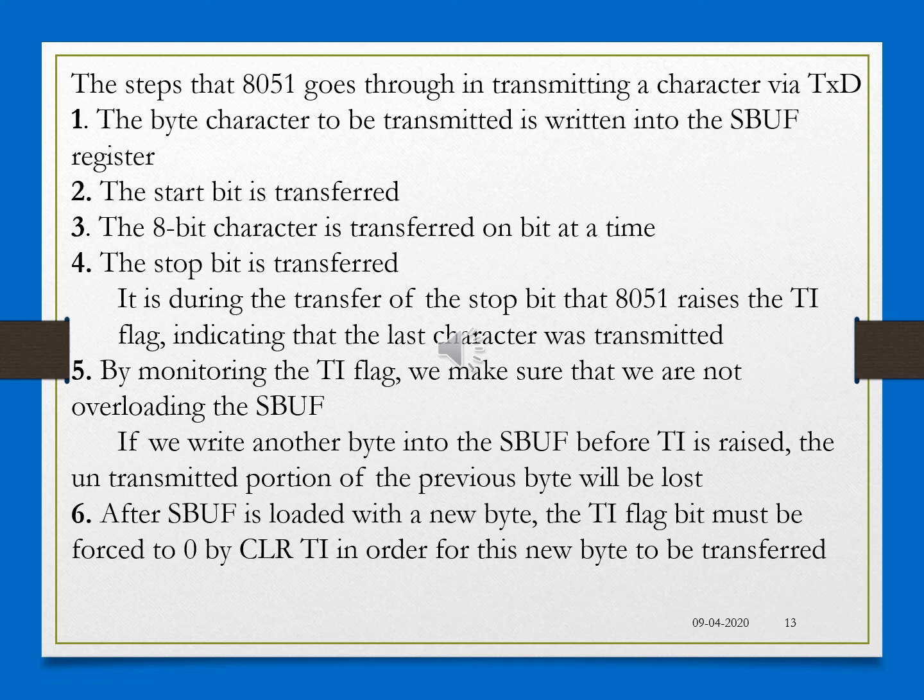Halfway through the stop bit, the TI flag is made high, indicating that the last character was transmitted. Step 5, by monitoring the TI flag, we make sure that we are not overloading SBUF. So we have to keep track of TI. Once TI is high, we have to clear it and, if required, repeat the same process.